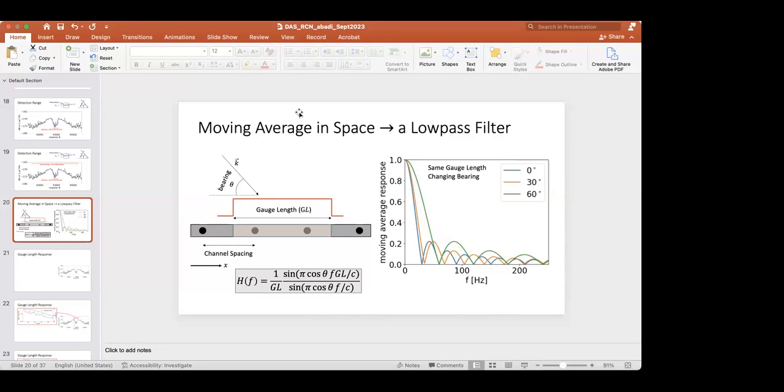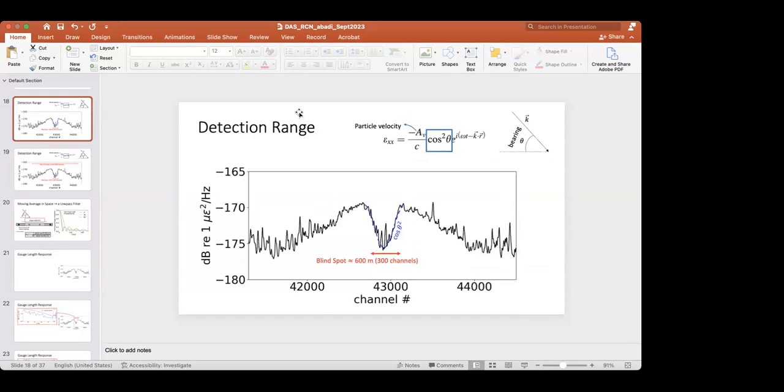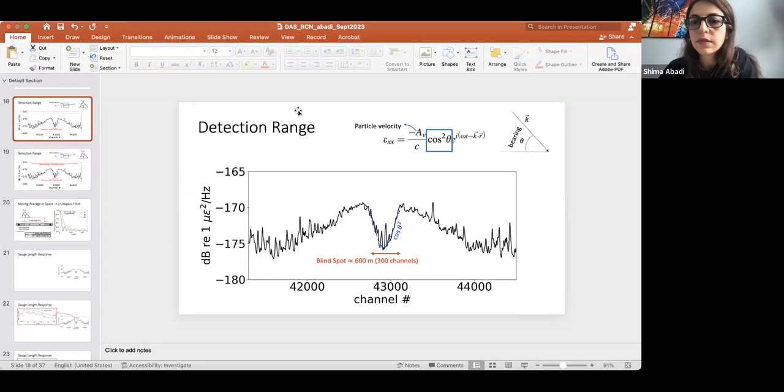I was also curious about the detection range and the bearing, two slides previous. That blind spot, and I might just be not imagining the geometry correctly, will vary depending on the track of the vessel over the cable, or whatever the source.